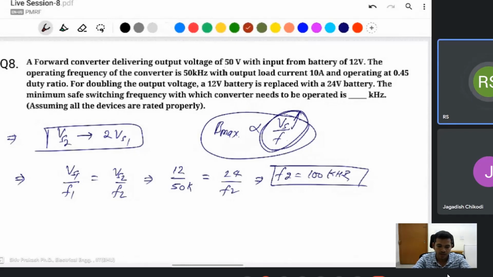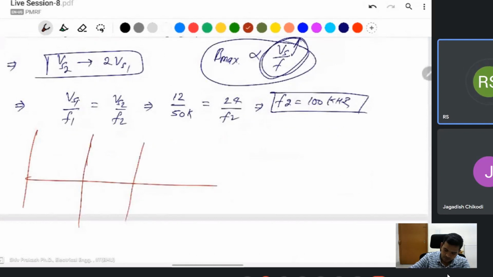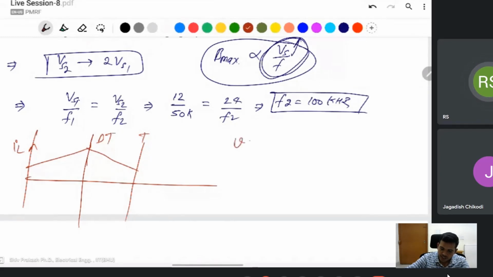Flux density we usually write as phi by A, where phi is the maximum flux. The voltage is defined as L di by dt. You can write this as the total current and total time period, like IL average divided by the total time period TS.